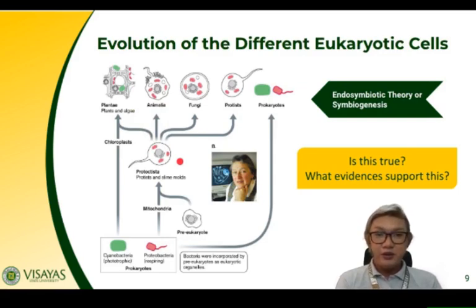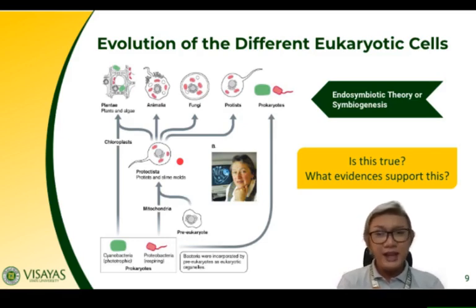They can double or increase their number inside a particular cell. Okay, so those are the different evidence that support this claim. This could probably be true. This could be how the different types of eukaryotic cells have evolved from the very first eukaryotic cells.